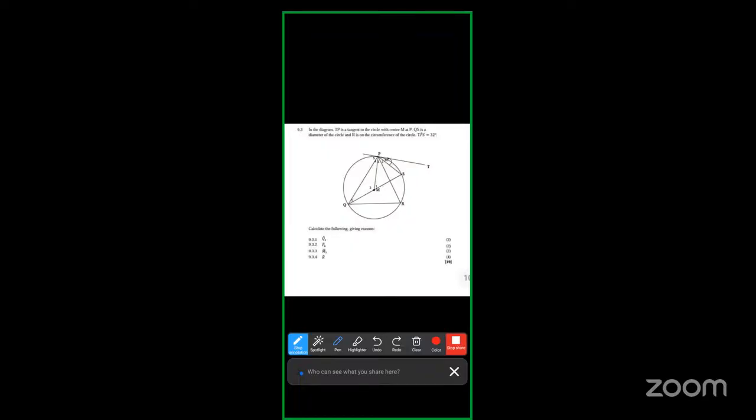Question 9.3.1 is saying we have to find this angle right here, angle Q1. So how do you think we can find the size of angle Q1? I think we already talked about this. We know this. What do you think?